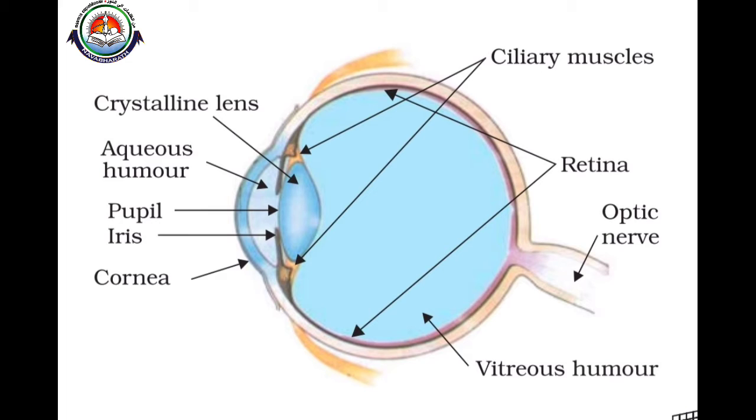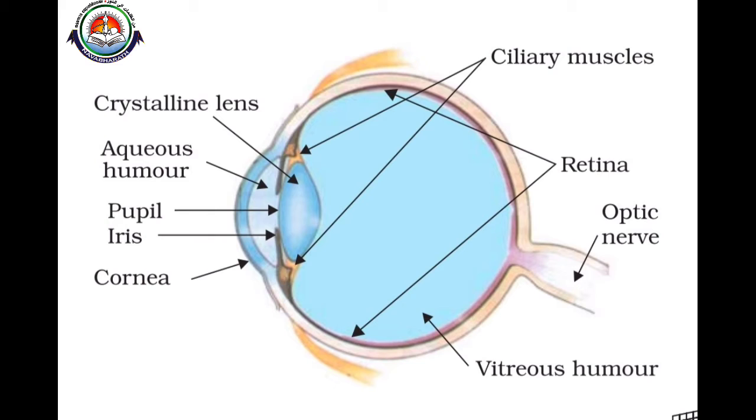The aqueous humor provides power to the cornea. And the next one is the vitreous humor.